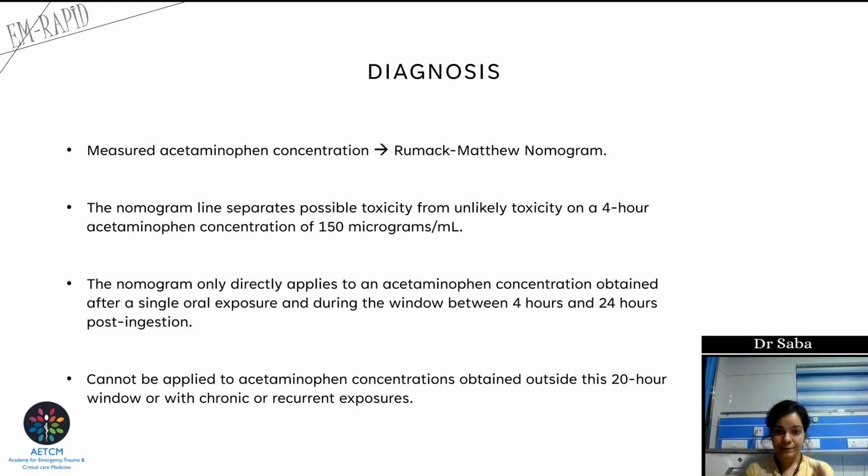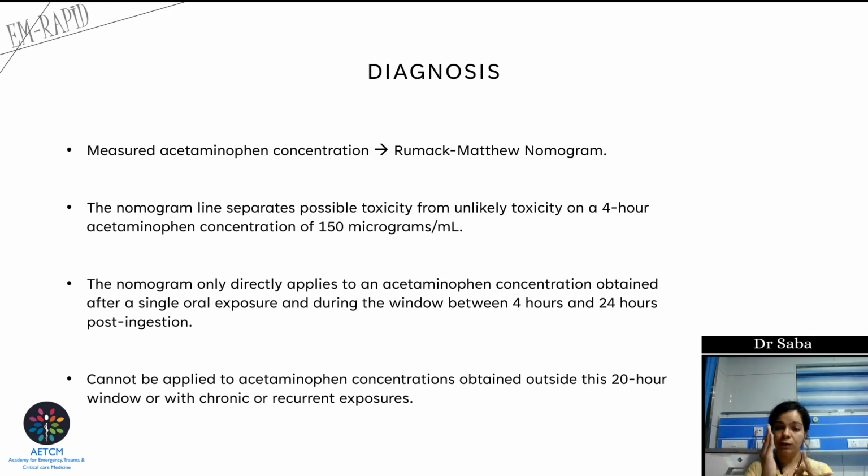So the key points in this is that acetaminophen concentration can be measured on something called as a Rumack-Matthew nomogram, where it is only applicable when it is charted between 4 hours to 24 hours window post ingestion, not applicable when the exposure has been chronic or recurrent.